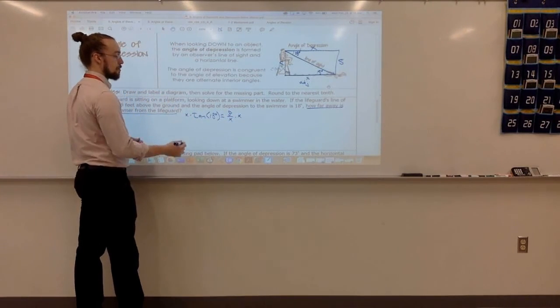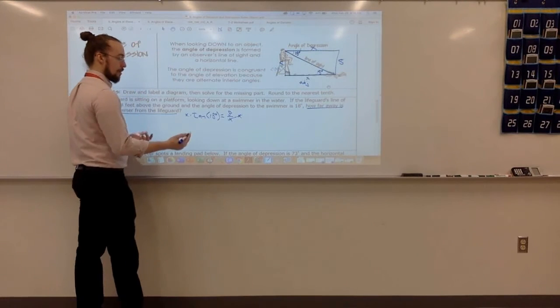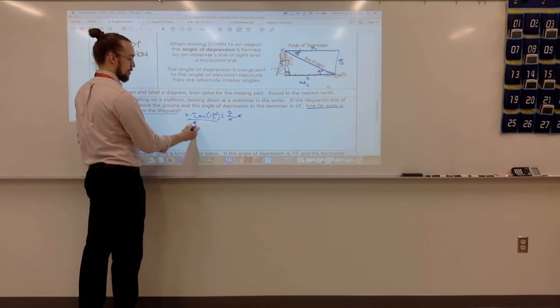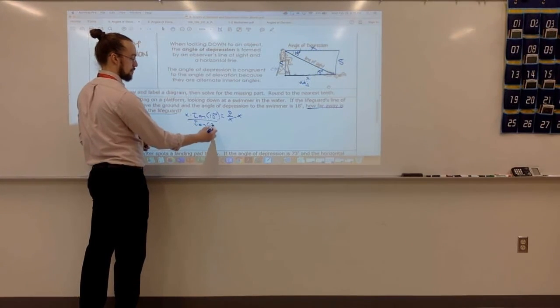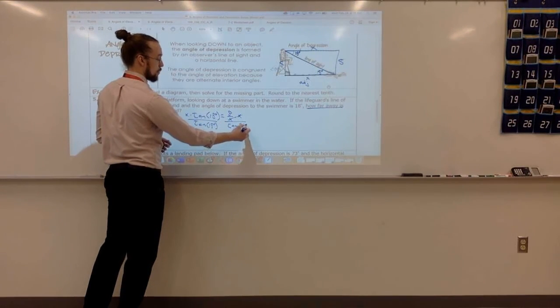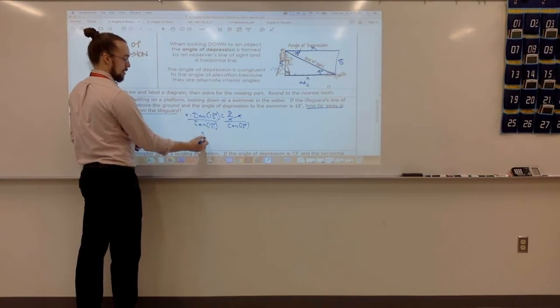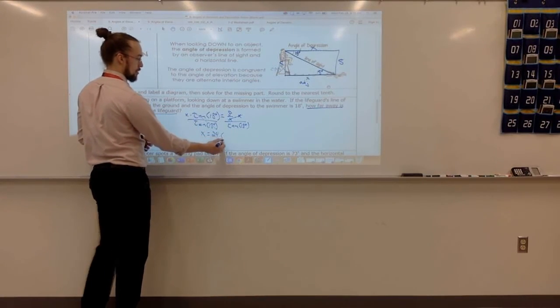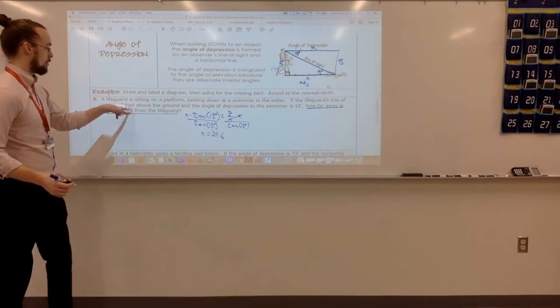Multiply both sides by x, and then divide by tangent. What is it? 24.6. Did we have units?